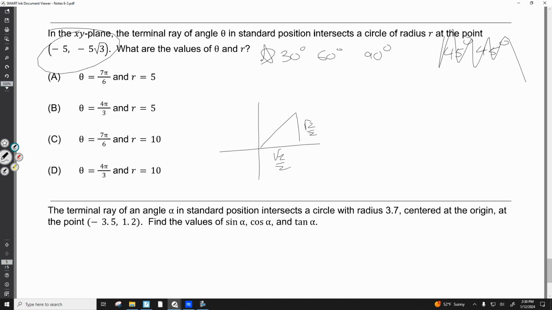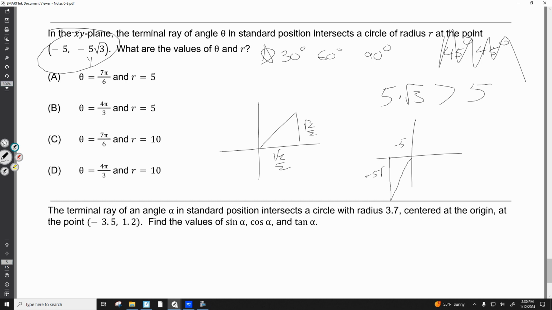The next thing I know is that 5 times the square root of 3 is bigger than 5. That means the 5 root 3, which is the y length, is the longer length. I'm going to the left 5, but I'm going to go down more, 5 root 3.